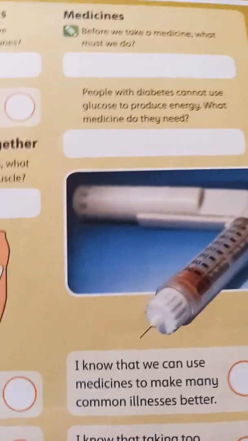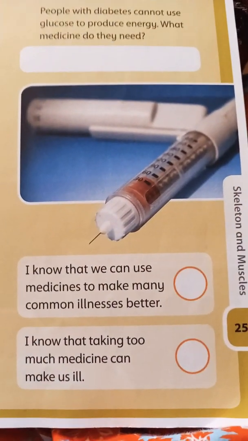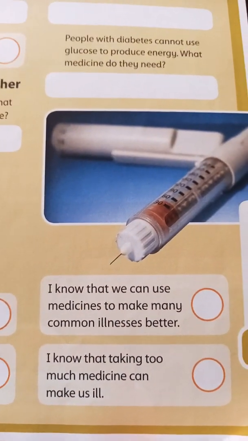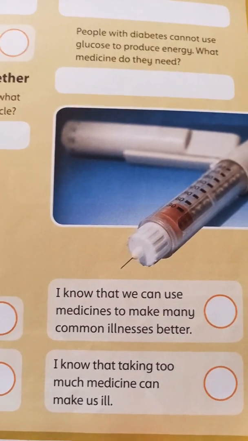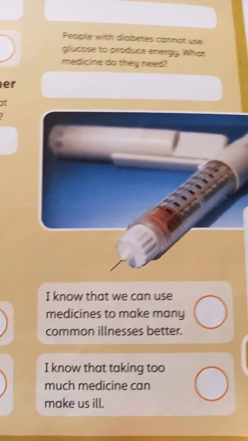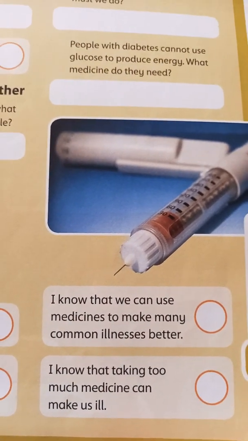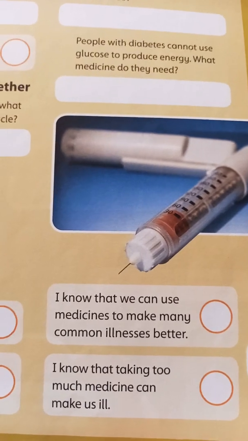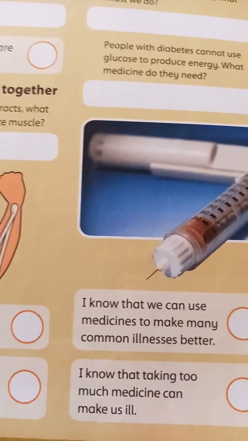And how can we have the insulin? If we have a mild form of diabetes, we can cure it with the help of medicine. And if the level is high, then we use insulin injections.